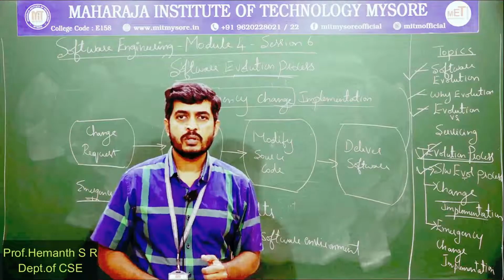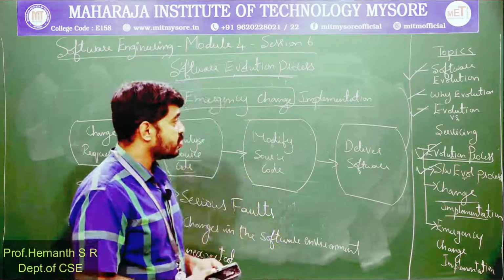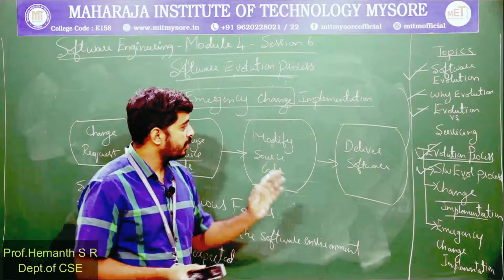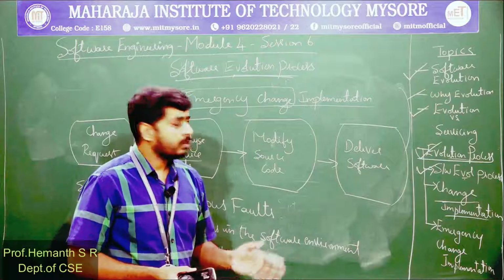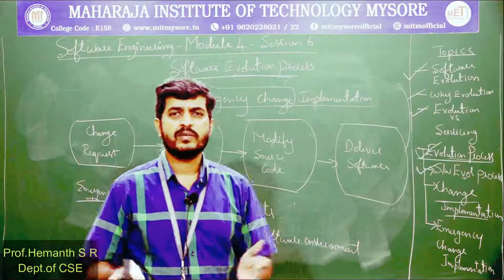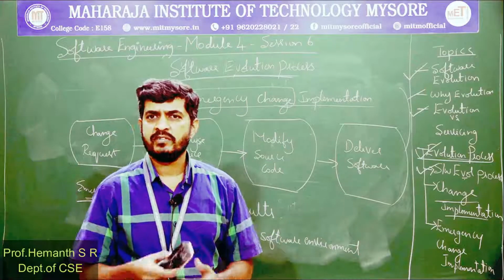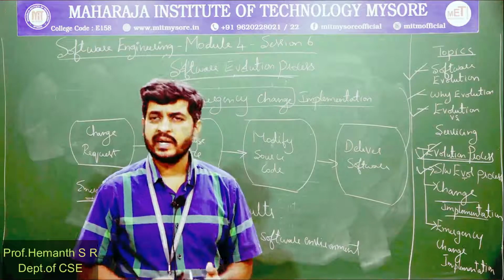We also understood who is responsible for evolving the software. We understood the difference between evolution and servicing. We cannot make major changes to the software in an indefinite manner, because each and every time you change the software, the structure of the software is degrading.